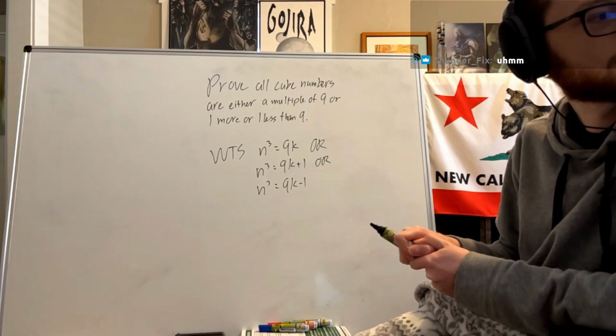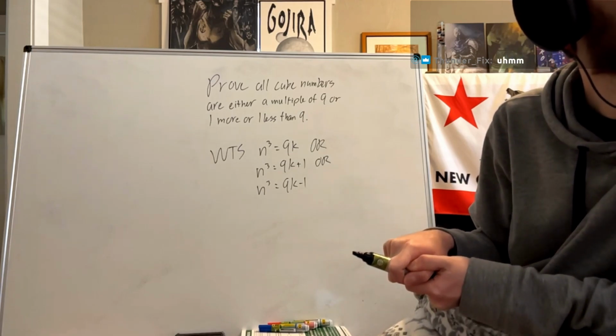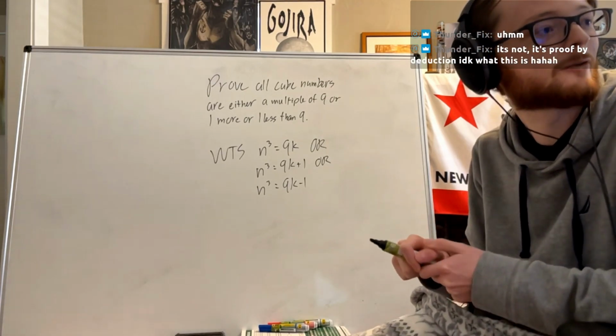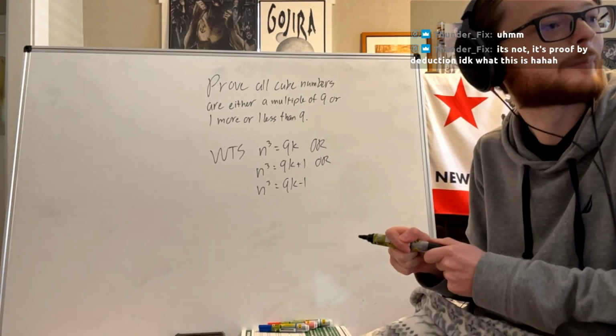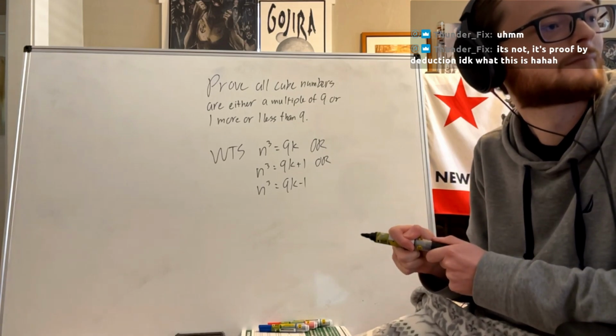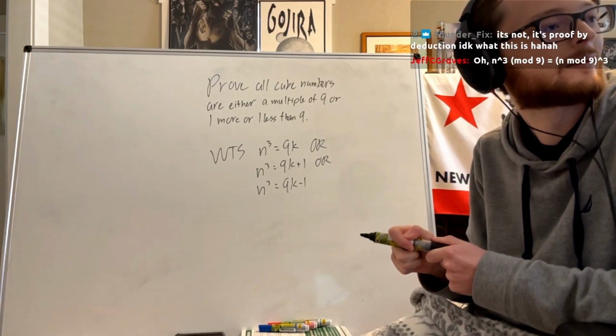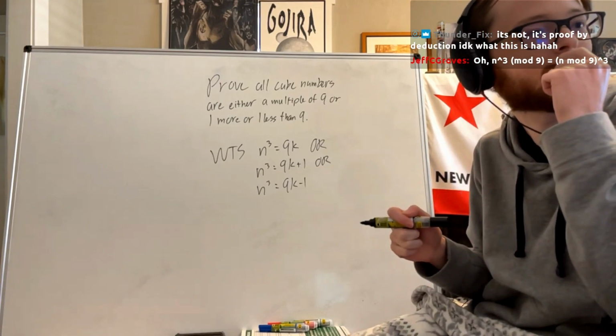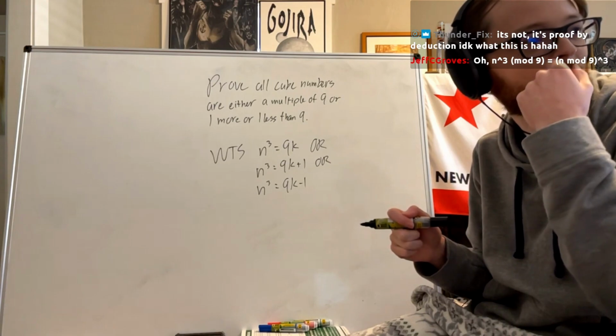Thunder, have you done mod before? It's proof by deduction. Oh, okay. I bet that there's a way with a mod for this, but if we have to use deduction, I think deduction is just like working on it algebraically.